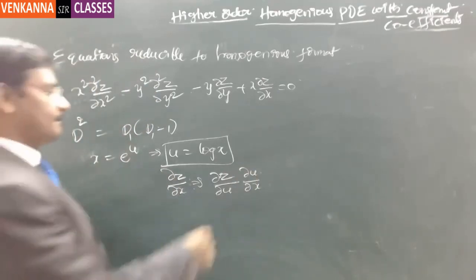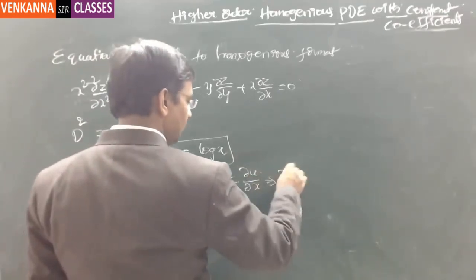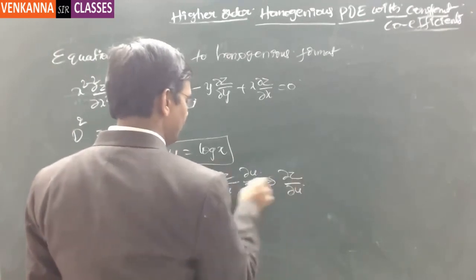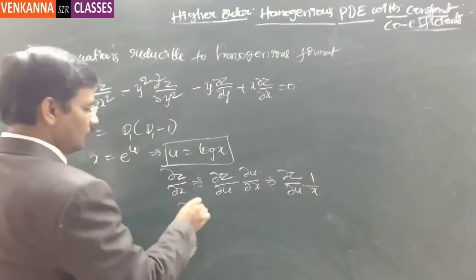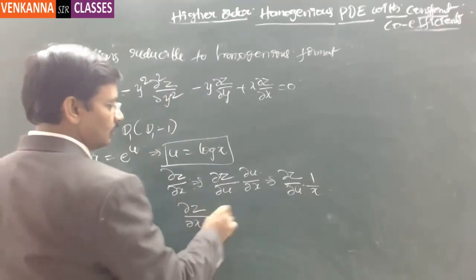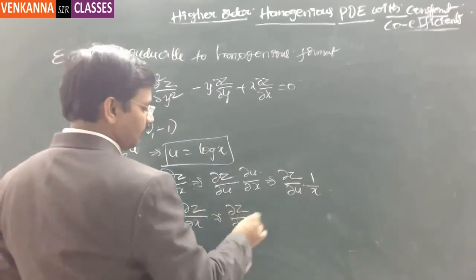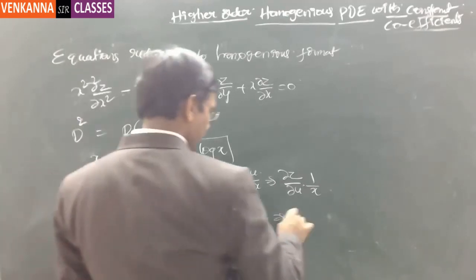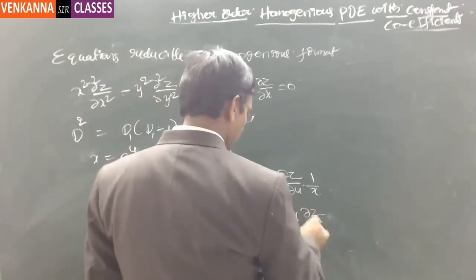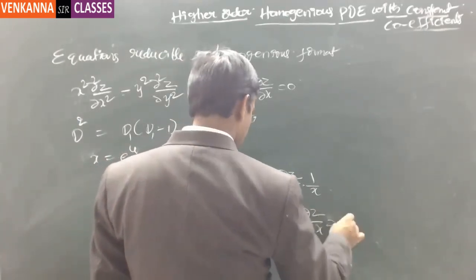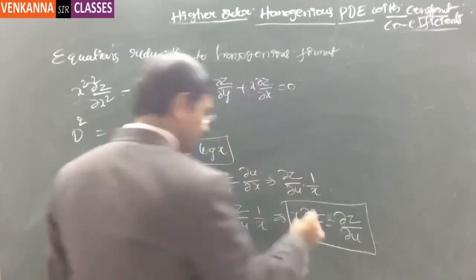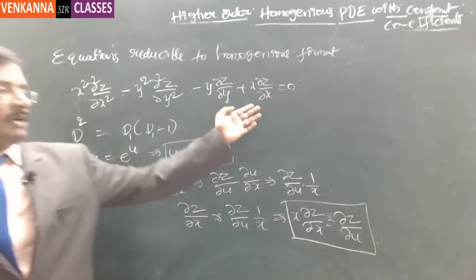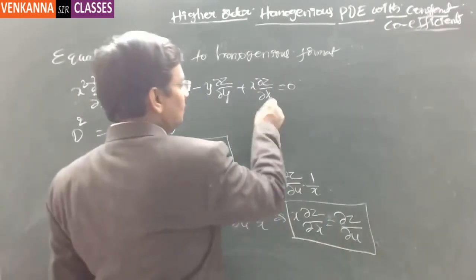Here dou u by dou x is 1 by x, so dou z by dou x is equal to dou z by dou u times 1 by x, or x times dou z by dou x is equal to dou z by dou u. This is how you can replace it.